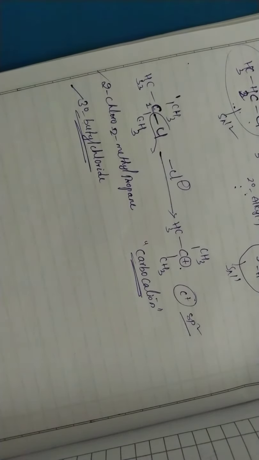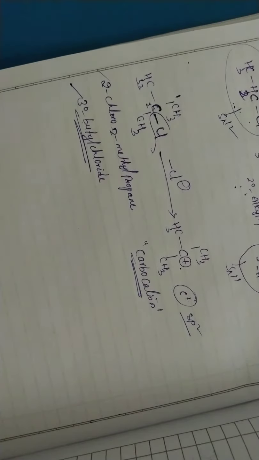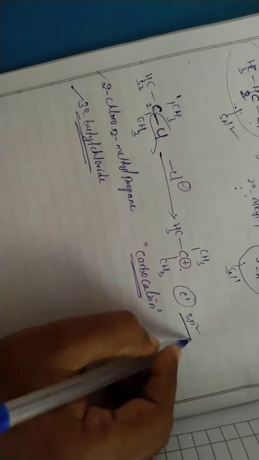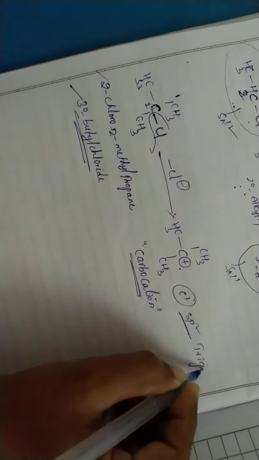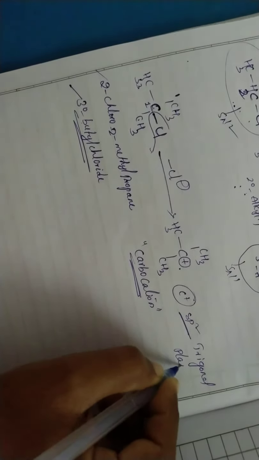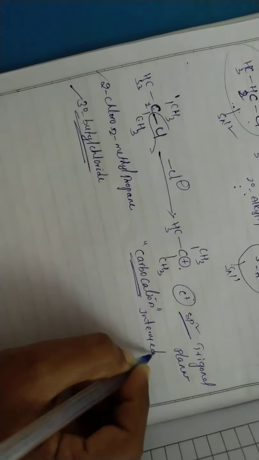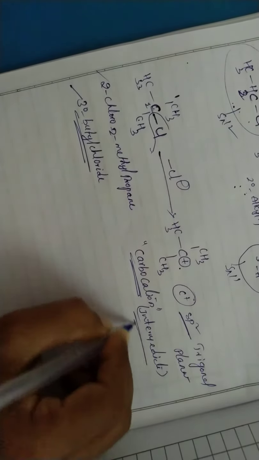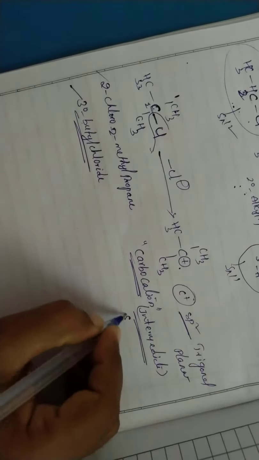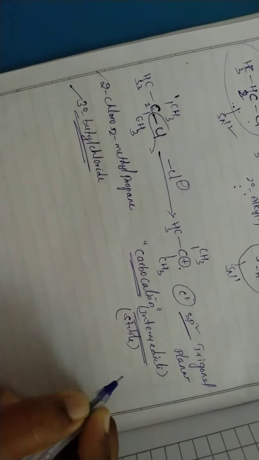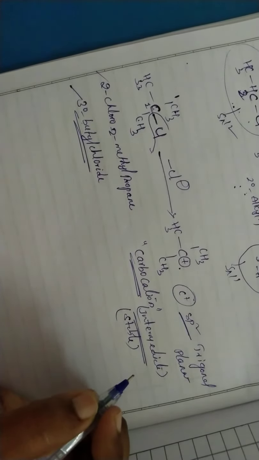In sp2 hybridization, the shape of the species is trigonal planar. So this carbocation is called the intermediate. In step 1 we are getting the intermediate, and it is a stable intermediate.